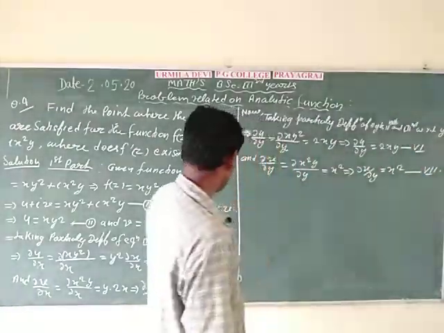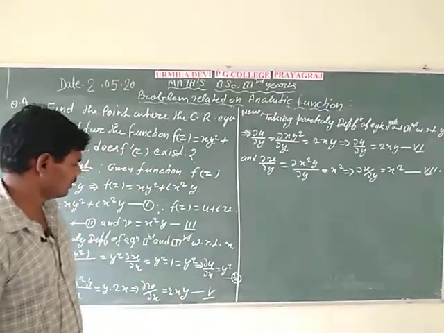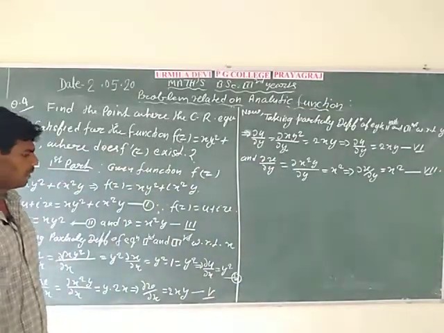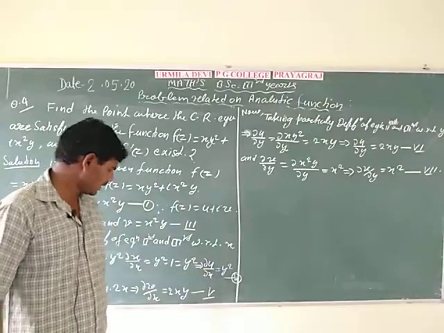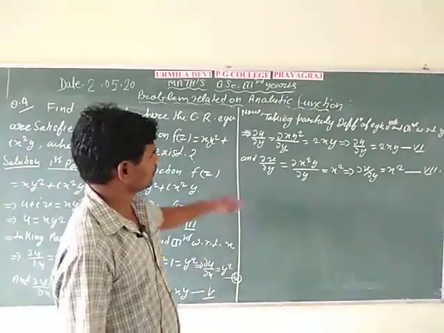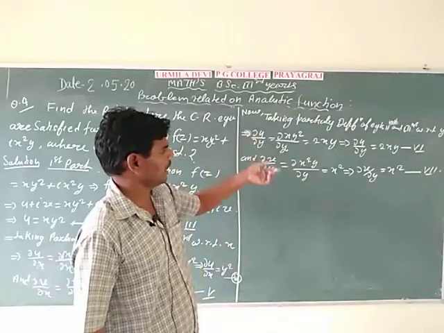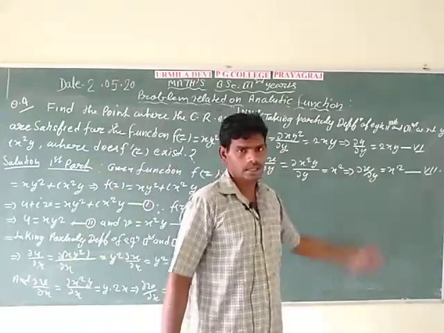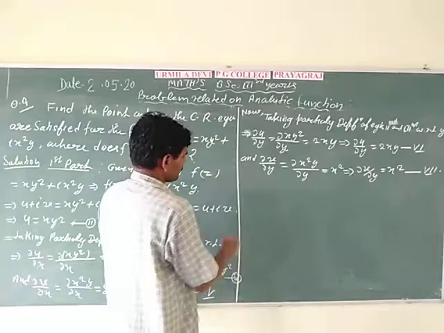So in equations 4 and 5, the values of del u by del x and del v by del x, and in equations 6 and 7, the values of del u by del y and del v by del y are clear.